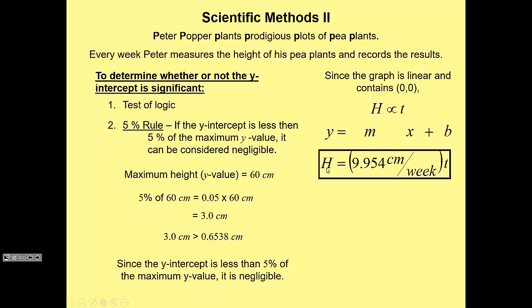If we want to know how long should we grow it so that it'll be 20 centimeters tall, we plug in 20 centimeters, do a little algebra, it'll tell us a time. Right? The math model is a super powerful tool that allows us to make predictions about what's happening in nature. It's not just math, right? It's modeling reality. This is the kind of thing we do when we do labs in here.